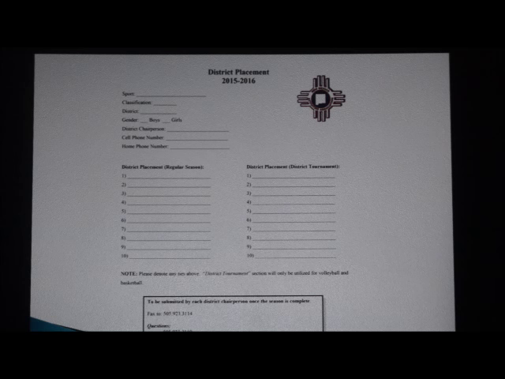Now, in seeding and selection, a team cannot be seeded or selected in front of an opponent above them. So, for example, if somebody was number 2 in the regular season and somebody was number 3 in the regular season, we cannot seed the 3rd place in district above the 2nd place team.